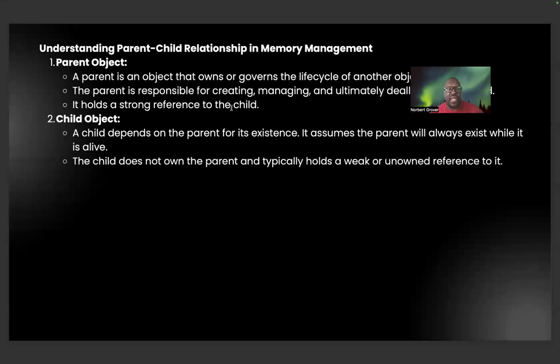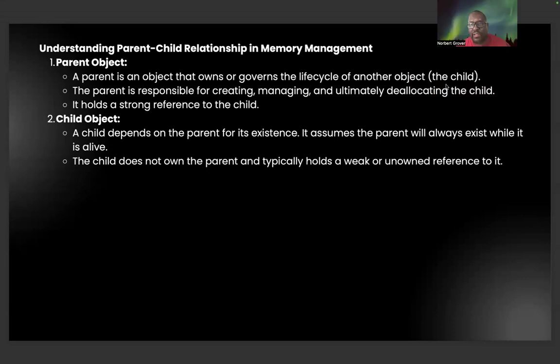So let's understand the parent-child relationship in memory management. And we're going to apply it to the situation with the unowned property. We're going to see what the difference is between the parent object and the child object. A parent object is an object that owns or governs the life cycle of another object, the child.